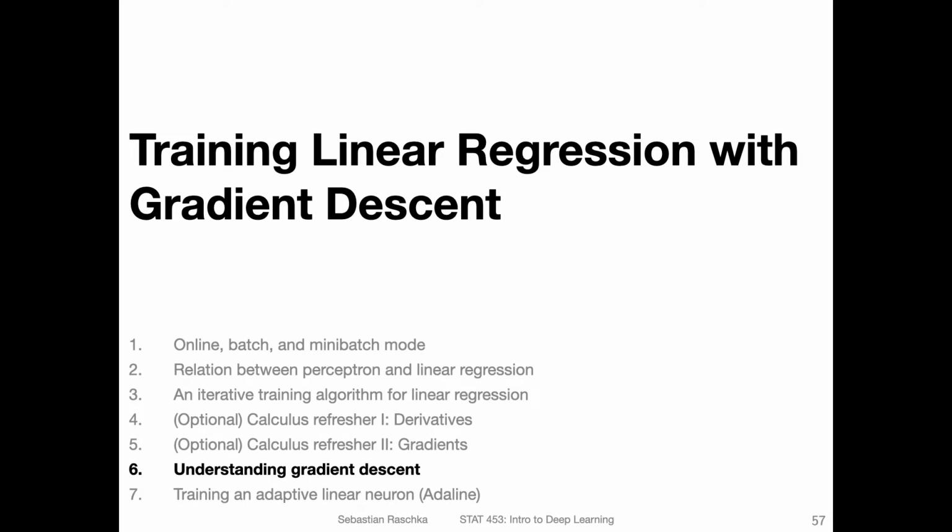Now equipped with the knowledge of what a function derivative and gradient is, let's now train a linear regression model.